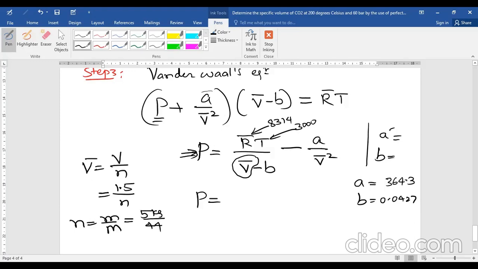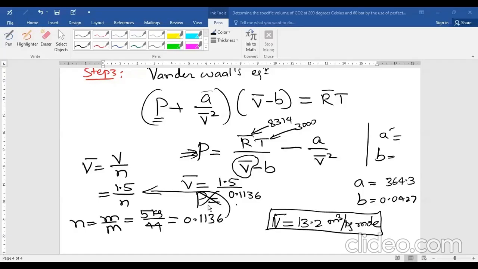Molecular weight is 44. So 5 divided by 44, you will get 0.11 something. I will write here 0.1136. So this value you substitute here. Then you can calculate V bar is equal to 1.5 divided by 0.1136. So the value of V bar, that is molar volume, you will get 13.2.